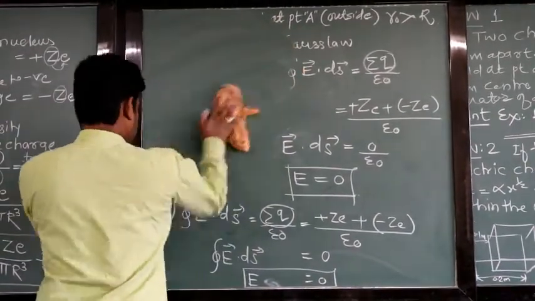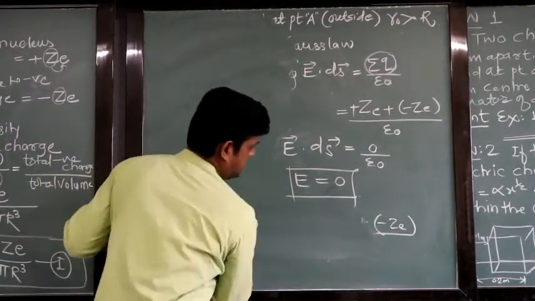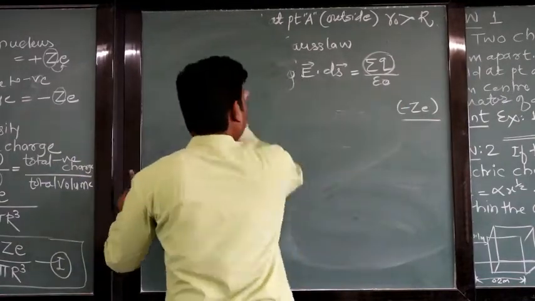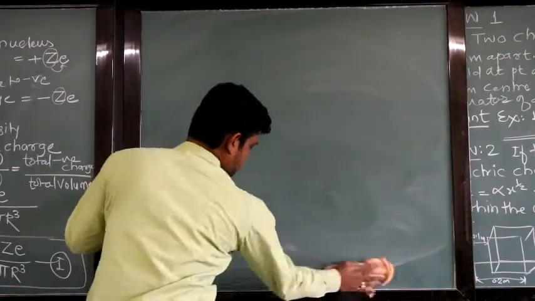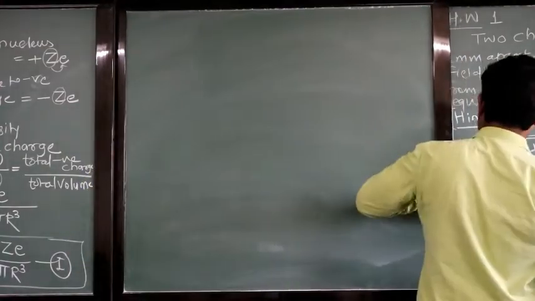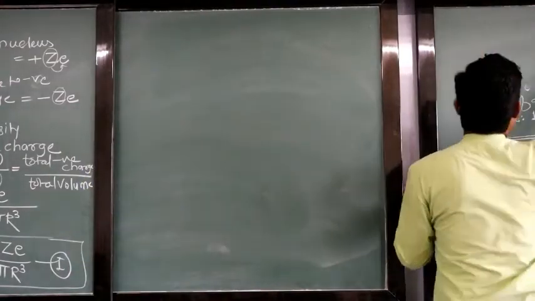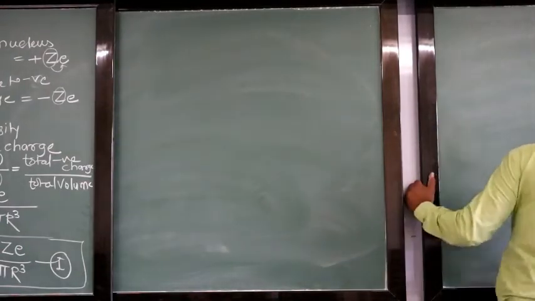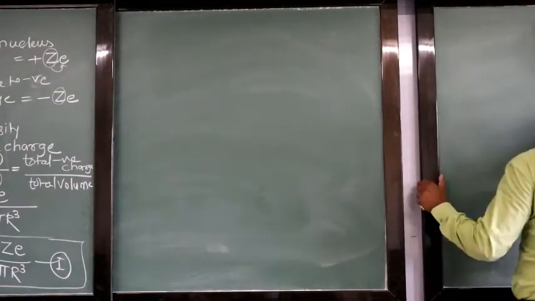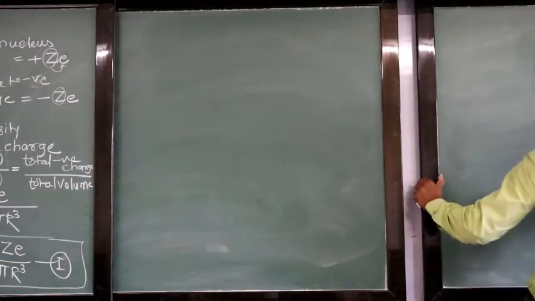Erasing the board, see, the point we are going to consider is inside the atom. That distance we are going to denote by the letter Ri. So at a distance Ri, we are going to find out the electric field.